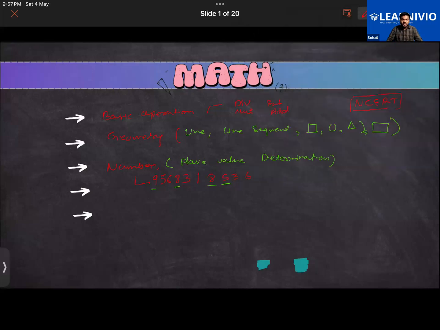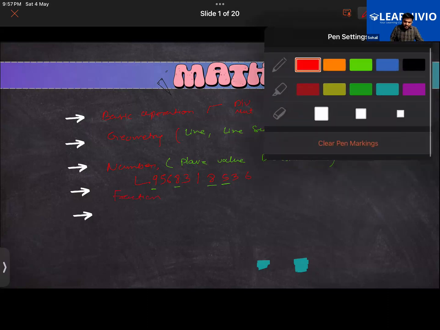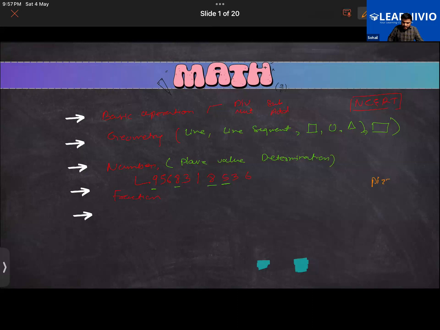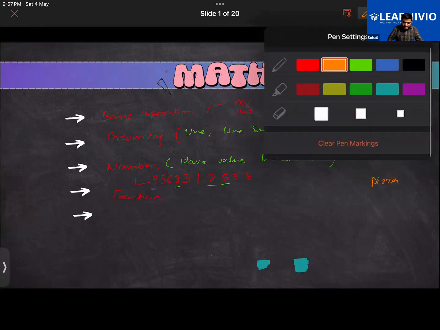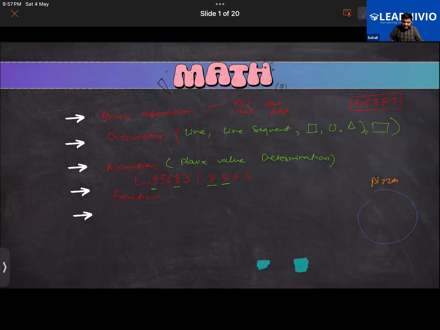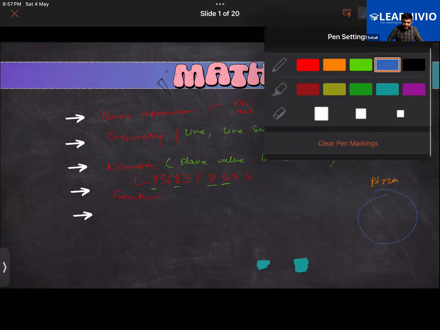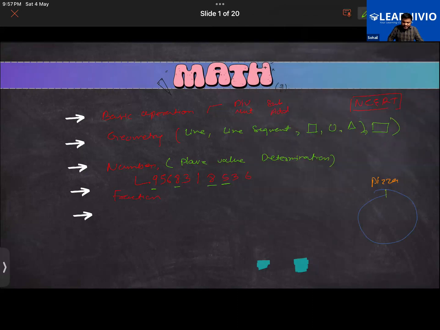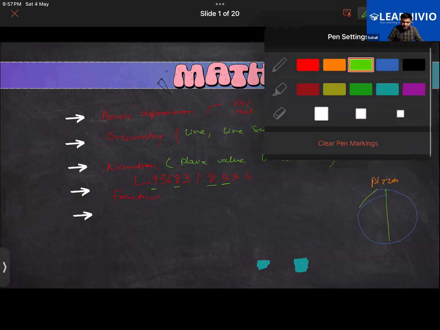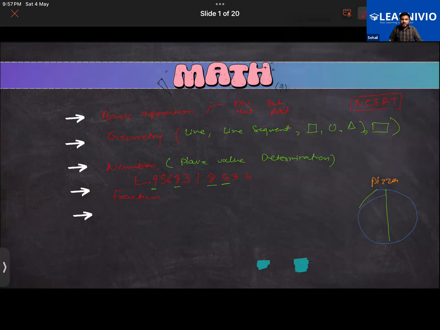Then you would be studying fractions. For example, you have ordered a pizza, and let's say the pizza has not been sliced. It is not cut into different slices. So you are required to cut it with your friend or your sibling. You would be cutting it into 2 equal halves.